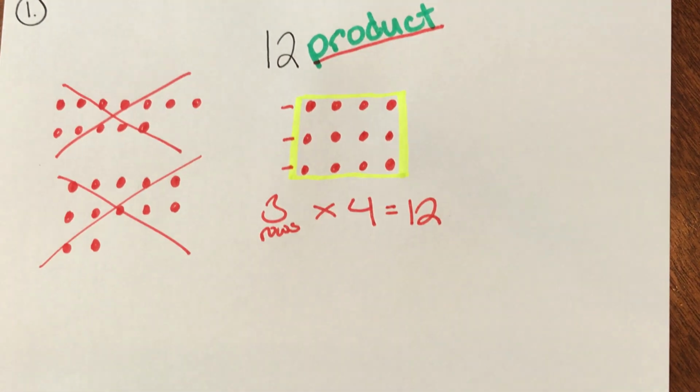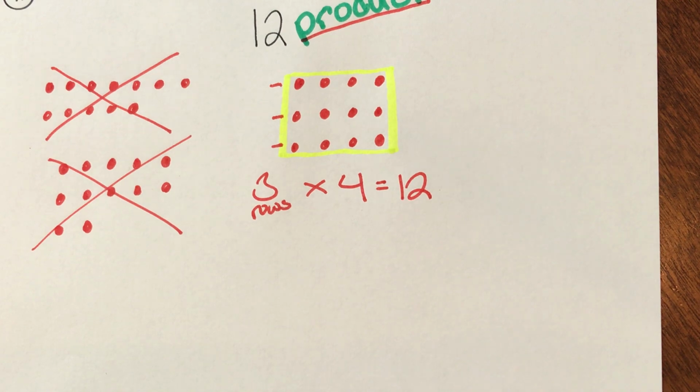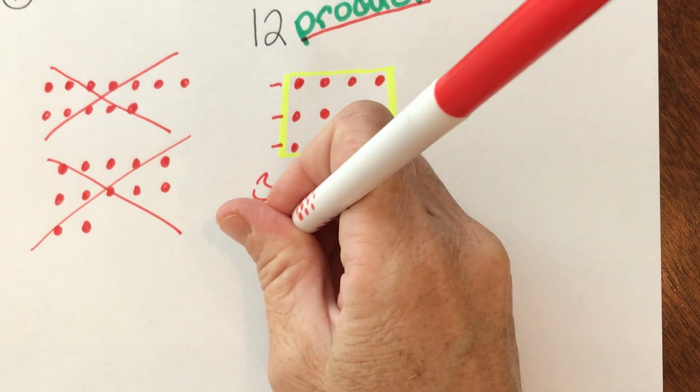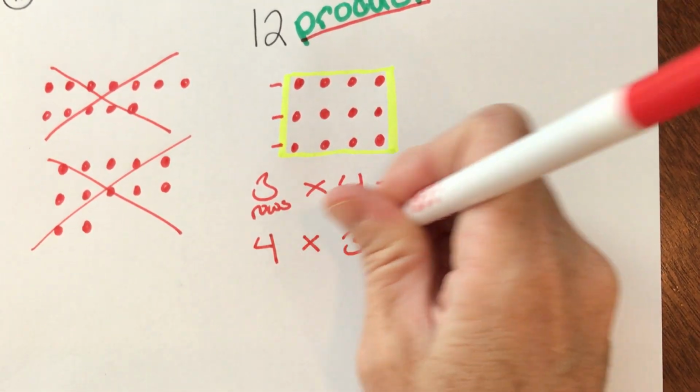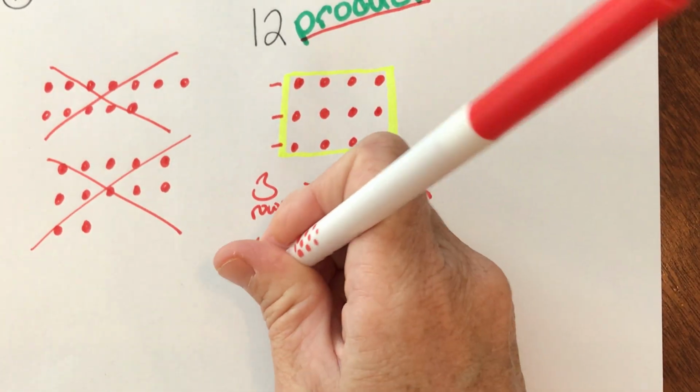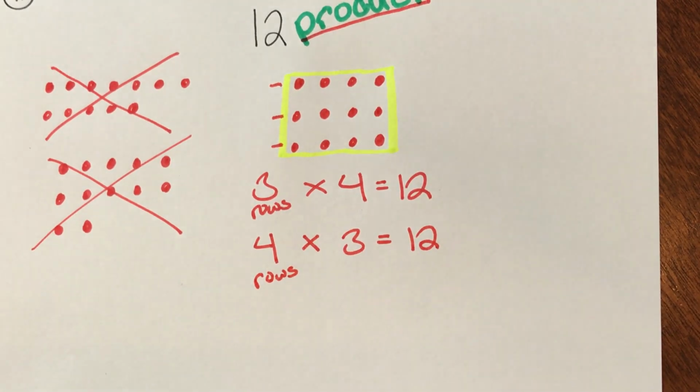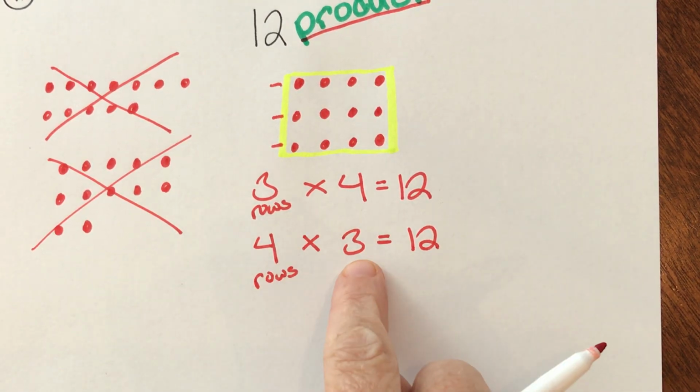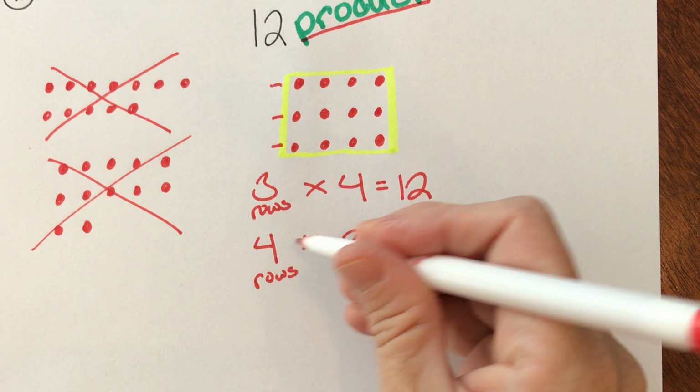Okay, what I should be able to say then is I should be able to switch it. What if instead I said 4 times 3 equals 12? So now, this is the commutative property, means I can switch them. So I'm going to switch my factors' place. So what if I have 4 rows of 3?